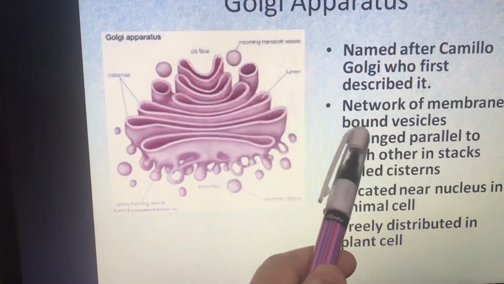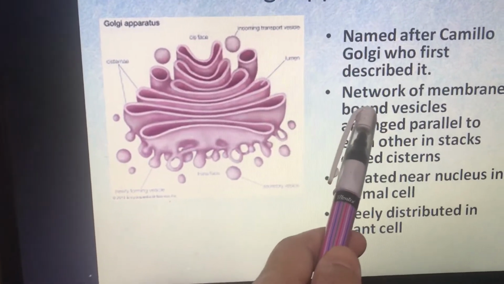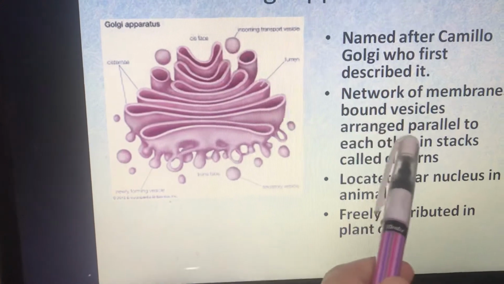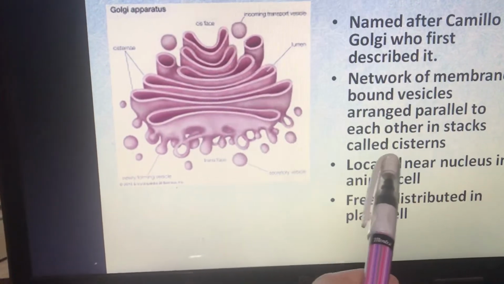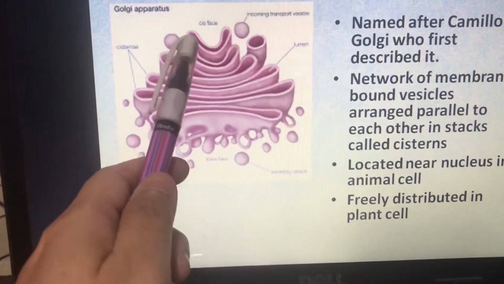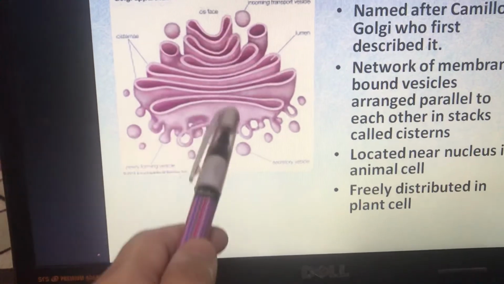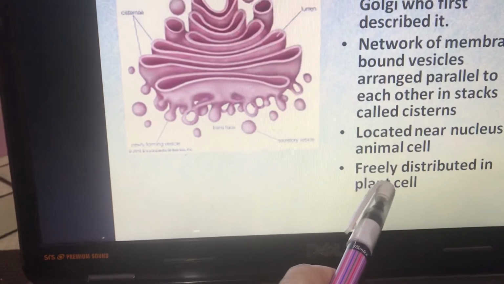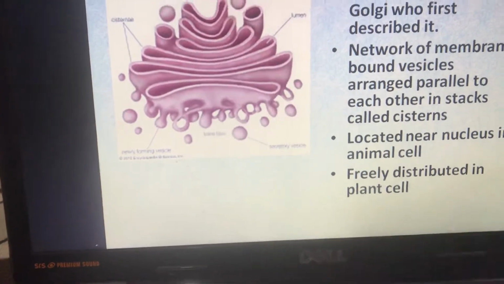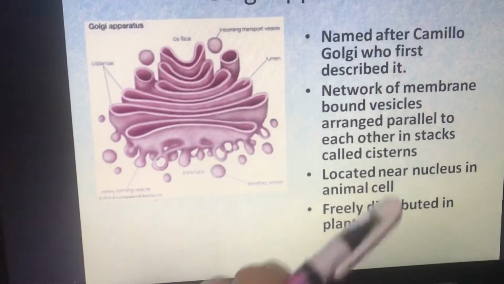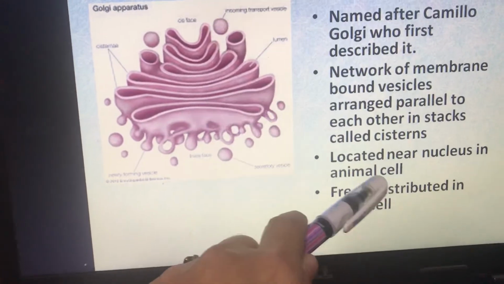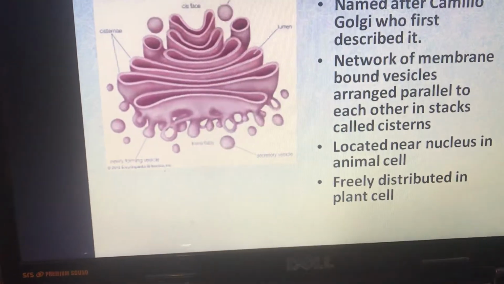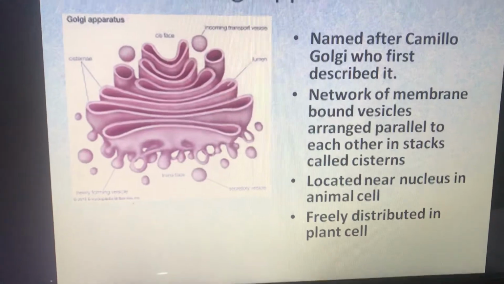Golgi apparatus or Golgi bodies also it is called. So it is a network of membrane bound vesicles arranged parallel to each other in stacks called cisternae, located near the nucleus in animal cell, and freely distributed in plant cell. So in animal cell, around the nucleus only we can find, and in plant it is freely distributed throughout the cell.